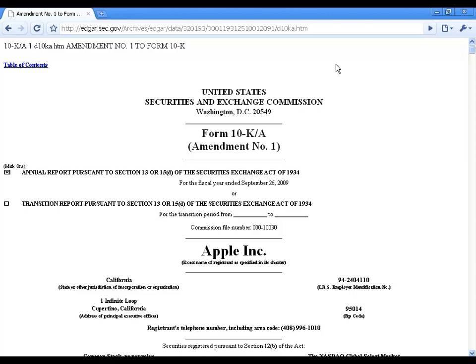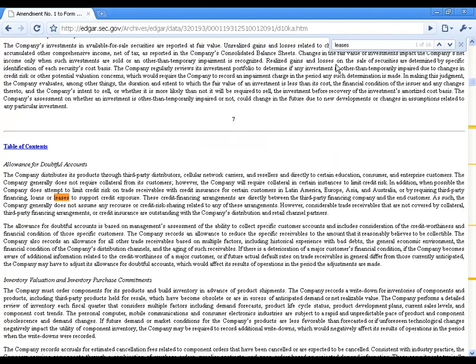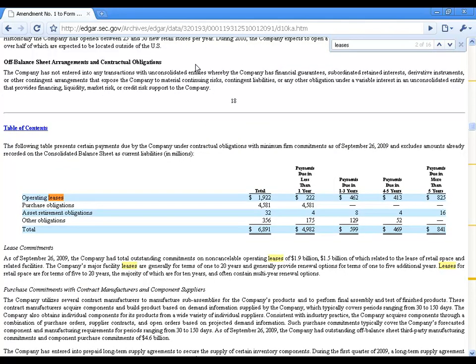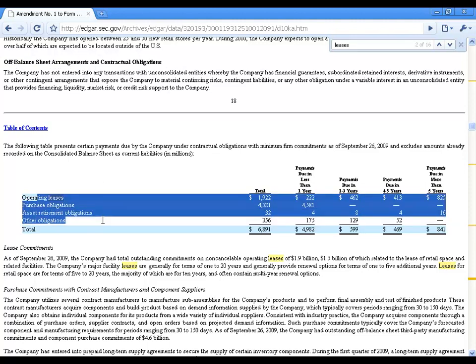Another item that we could add in here is what's known as capitalized leases. I'm going to just do a search for this right now for leases. And we see here under this category, off-balance sheet arrangements and contractual obligations, we have operating leases, purchase obligations, asset retirement obligations, and other obligations.